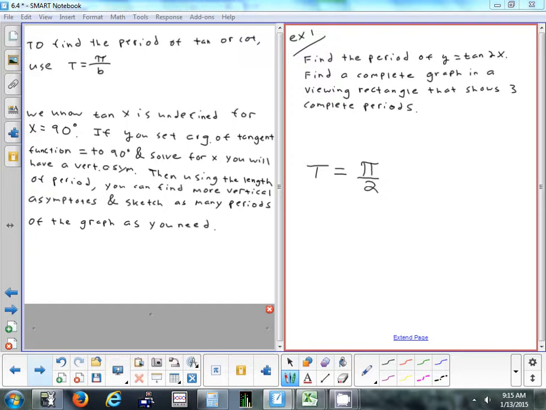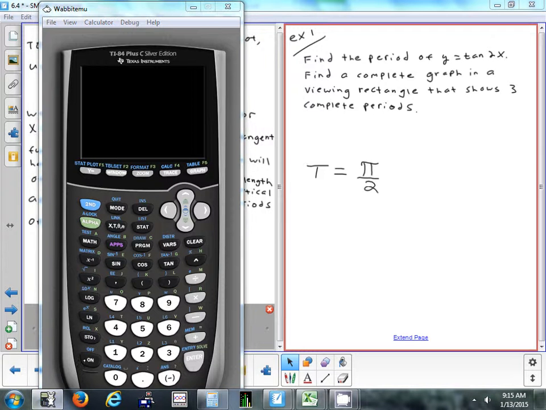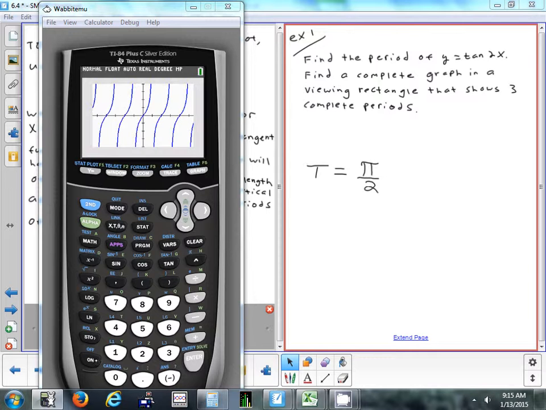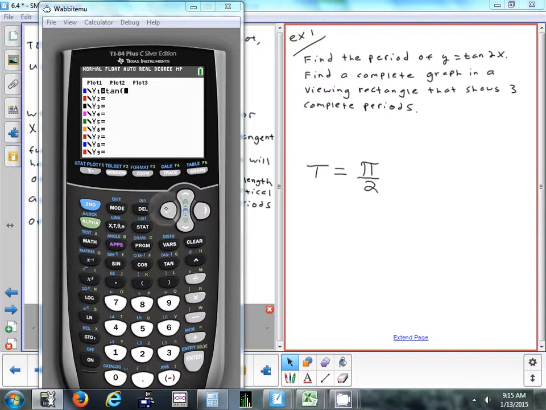Before we had asymptotes every pi radians. Now you're getting them twice as often, at every pi over 2 radians. So in terms of degrees, you have an asymptote every 90 now, not every 180. Okay, so let's find a complete graph that shows 3 connected periods. Right, so first thing is, let's type in our function.